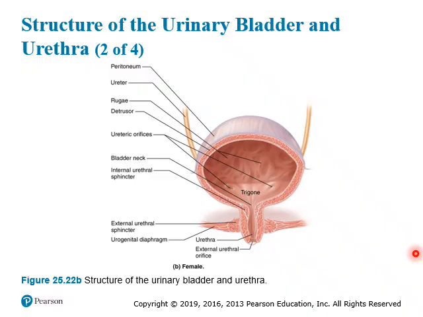A moderately full bladder is about 12 centimeters long and can hold about 500 ml, or a pint of urine. It can hold twice that amount if necessary, but it can burst if overdistended.